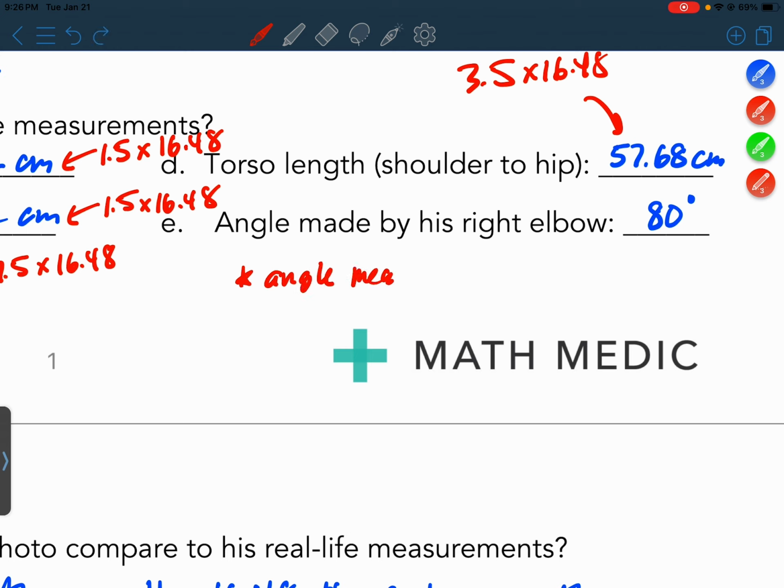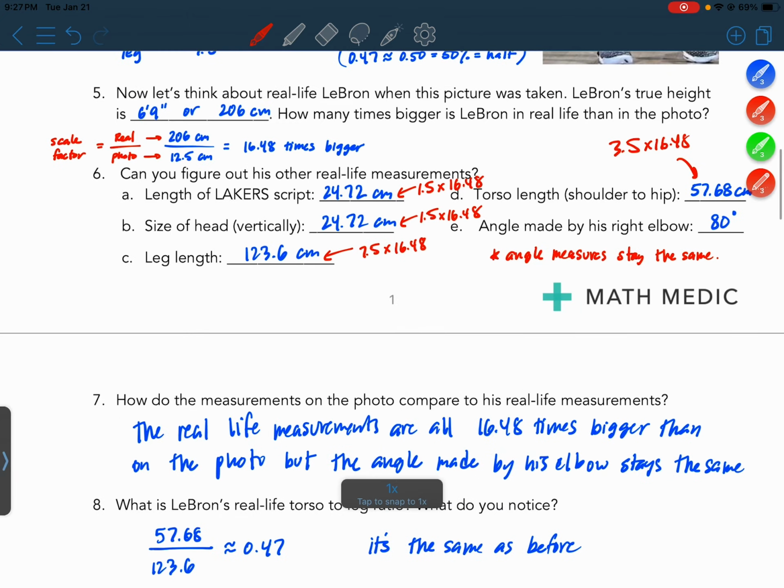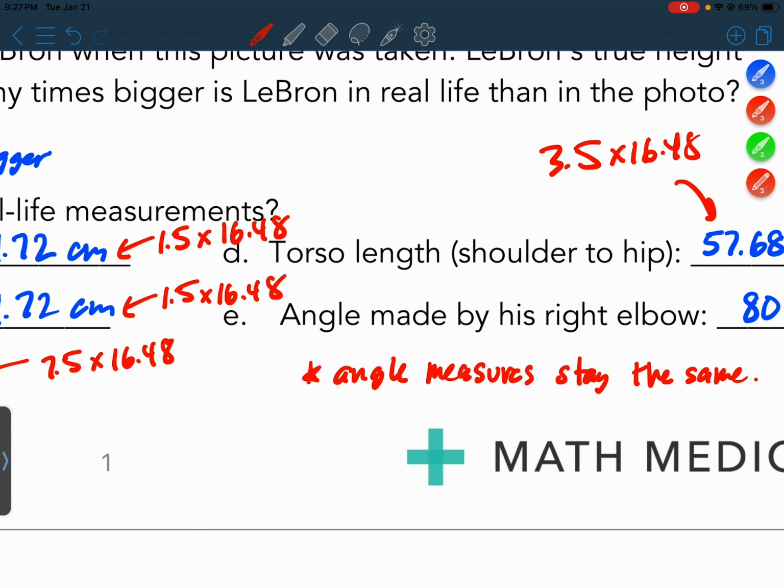Angle measures stay the same. And that should make intuitive sense. If I had a triangle and I enlarged it, that triangle's angles would still add up to 180. It wouldn't now add up to some bigger number just because it's a bigger triangle.